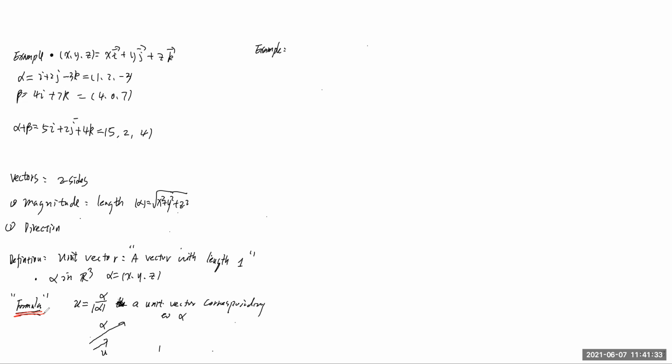Okay. So for example, now alpha is (1, 1, 1). Find the unit vector corresponding to alpha. So u should be 1 over the length of alpha multiplied by alpha. First you have to compute the length: 1 squared plus 1 squared plus 1 squared, you get 3, so the length is the square root of 3, and then we get this times (1, 1, 1).